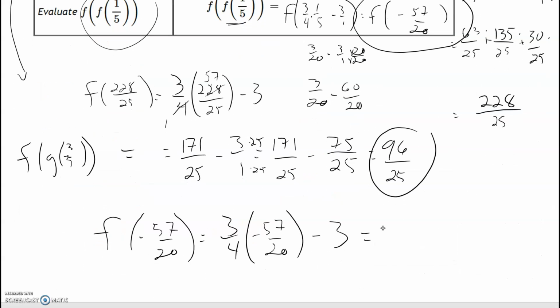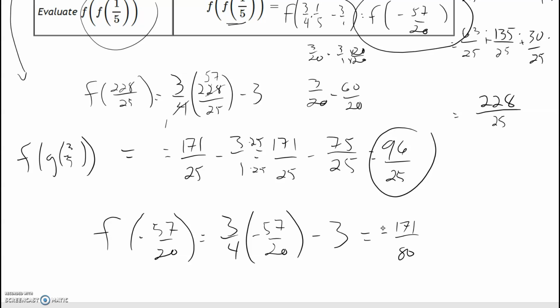Okay, equals... let's see if I can rely on my calculator a little bit for this one. 3/4 times negative 57 divided by 20 as a fraction should be negative 171 over 80.